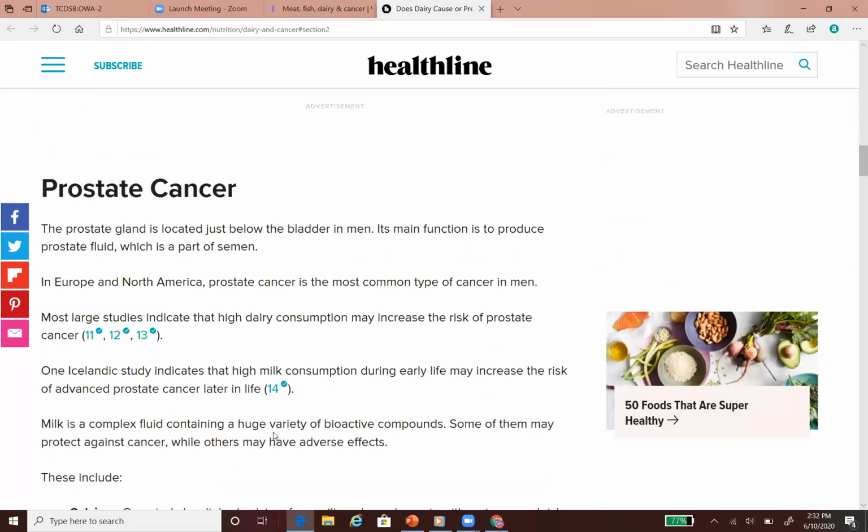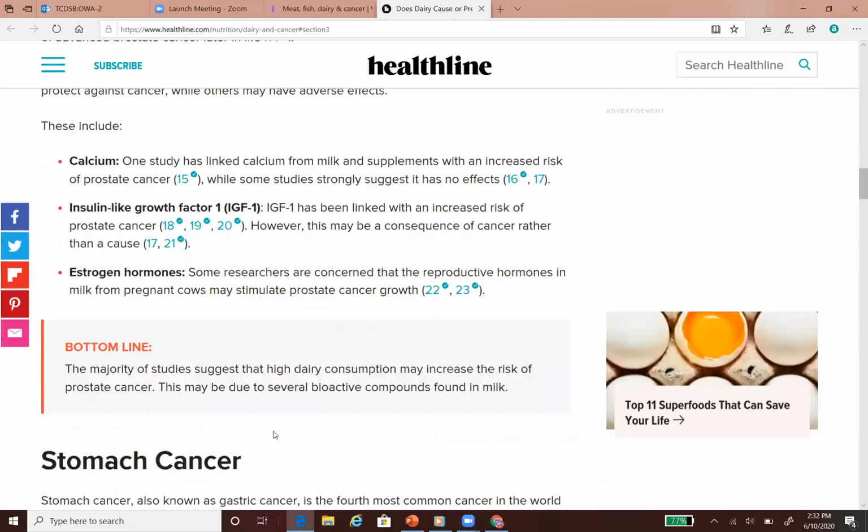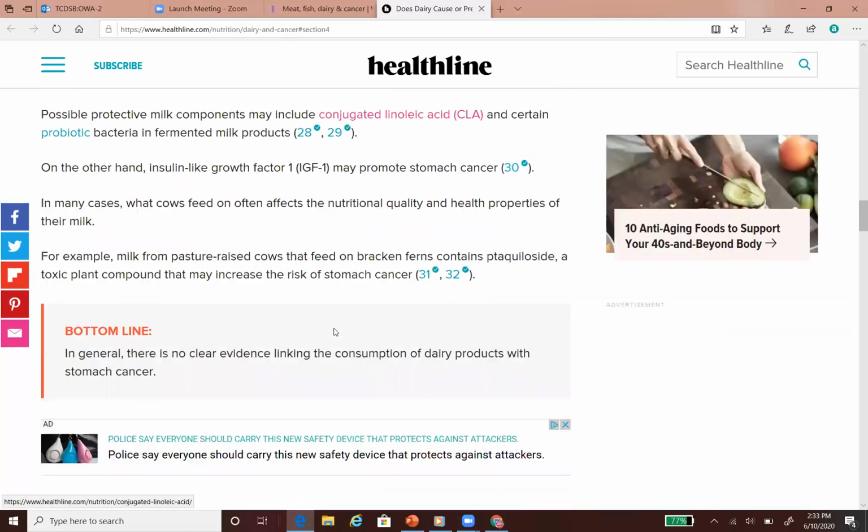But other studies say something like this: increasing dairy consumption could increase the risk of prostate cancer. Now, as women, you don't have to worry about that, but men do, right? Here's another one with stomach, no clear evidence. Sometimes the studies come back with there is no evidence.